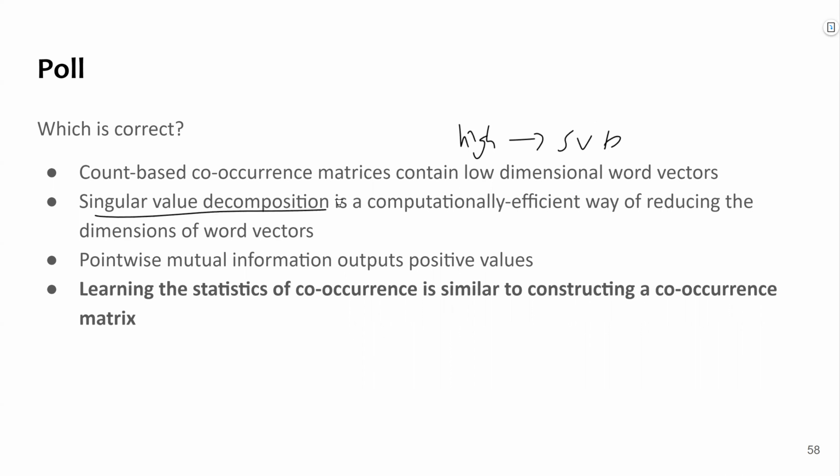And singular value decomposition is computationally efficient? No, it's very expensive. And pointwise mutual information can also output negative values. That's why we are using PPMI, positive PMI. And learning the statistics of co-occurrence is similar to constructing a co-occurrence matrix. So they are doing basically the same thing.